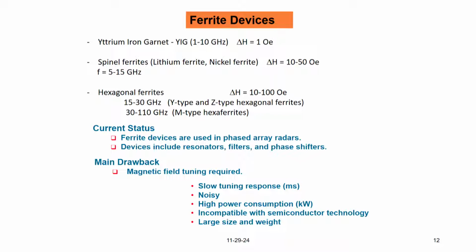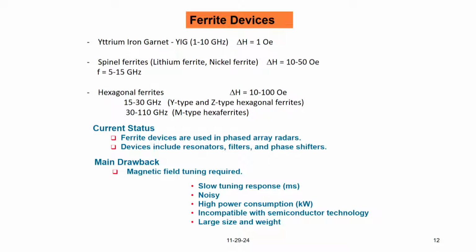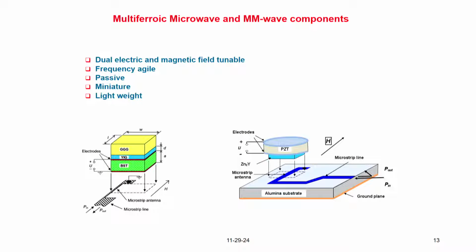And also you have to deal with very large size and weight. This is called SWaP: size, weight, and power. So the whole idea is to reduce the SWaP needed for these devices, and one of them is shown here, and it's a hybrid wave device with BST and YIG, and it's placed on this strip line.